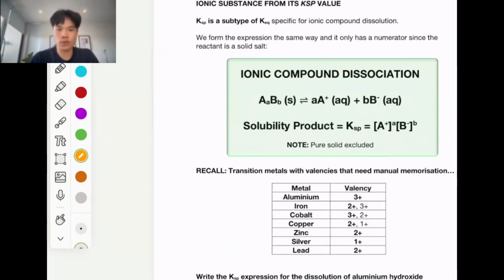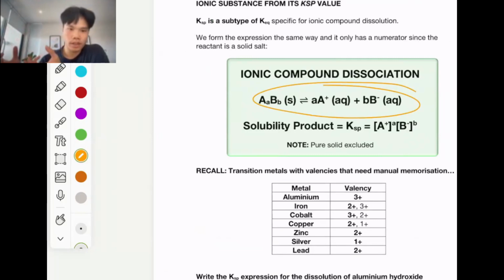Okay, let's finish off on KSP and solubility. So KSP, for any dissolution, involves a solid turning into multiple aqueous ions, 2 or more. The KSP does not include the solid because solids and pure liquids are excluded from K expressions.